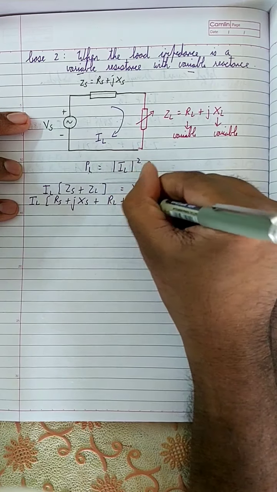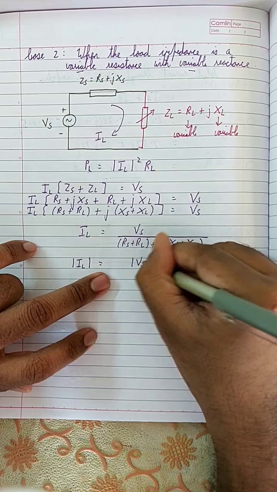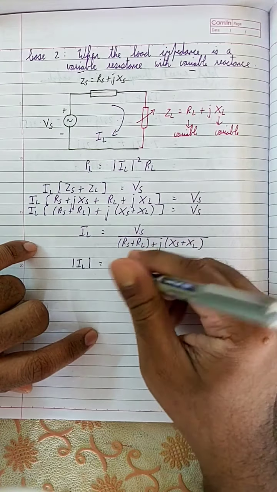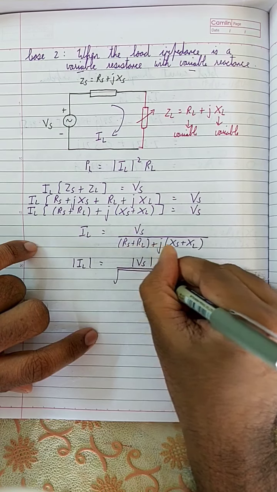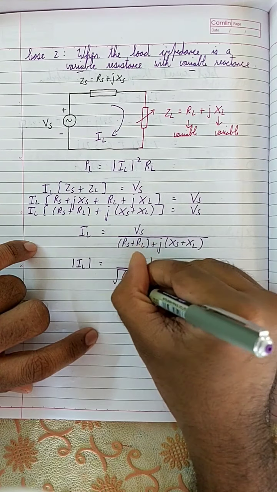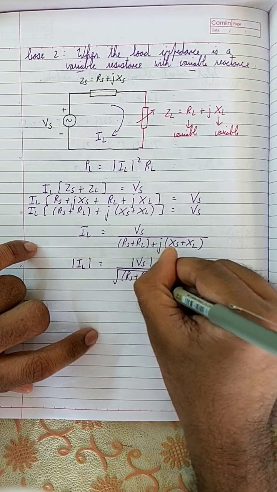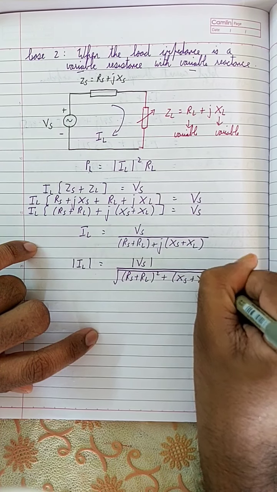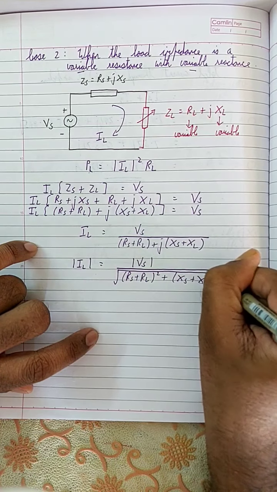So if you want to find the maximum power from this equation, first you need to find the magnitude. So the magnitude of IL is equal to magnitude of Vs by, so this is the real part, this is the imaginary part, therefore it is root of (Rs plus RL) the whole square plus (XS plus XL) the whole square. Okay, this is the magnitude of IL.